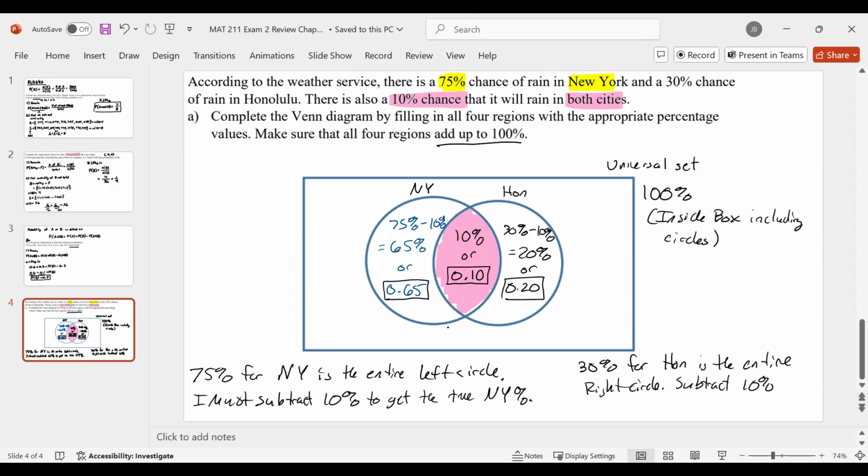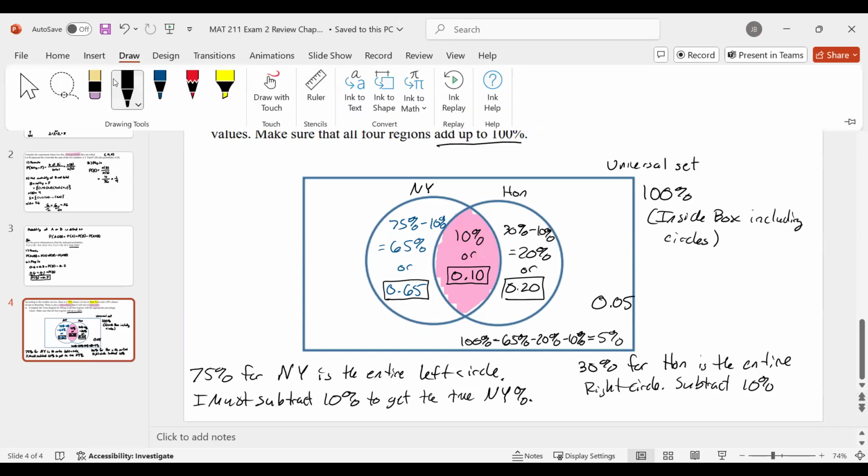For that, you would do 100% minus 10%. Actually, we'll just do it from biggest: 100% minus 65% minus 20% minus 10%. And that's going to be equal to, looks like, 5%. Yep, 5%. So 0.05 is the value inside of the box, and that fills out our entire region.